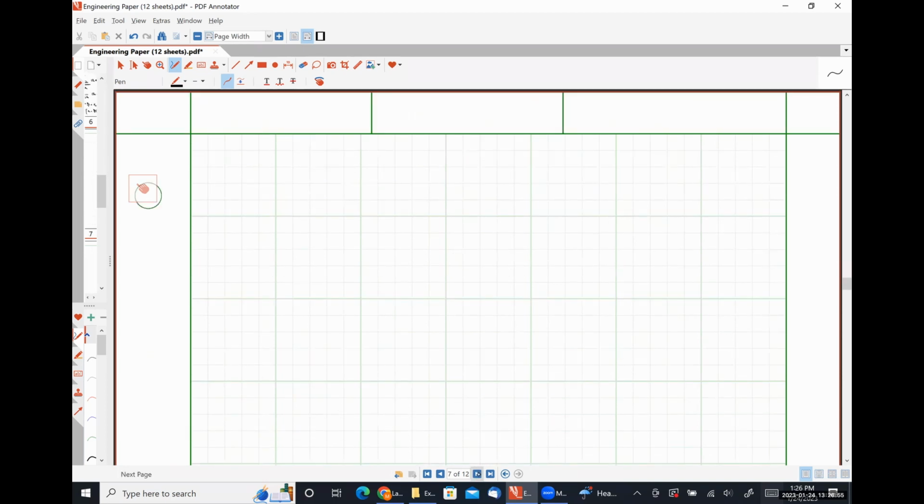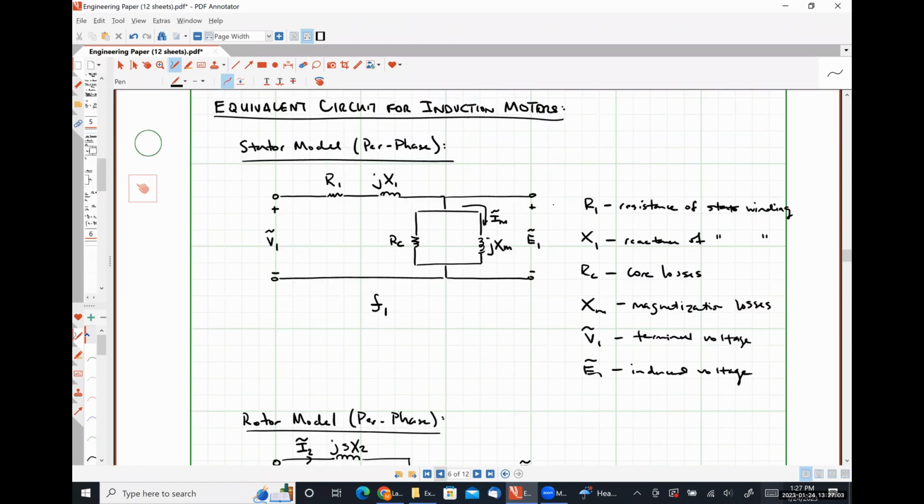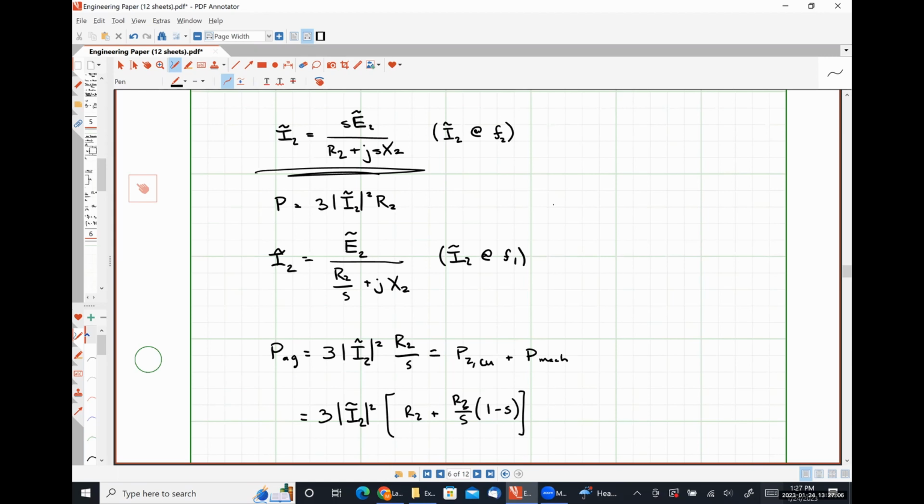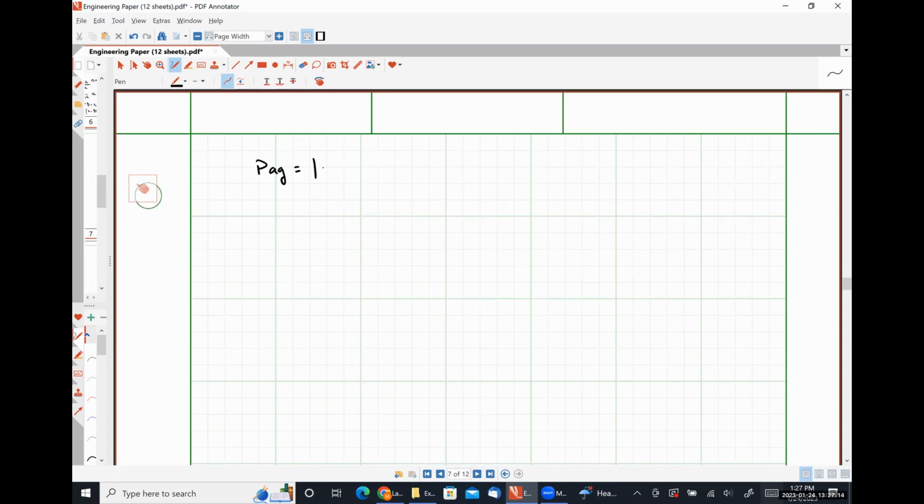Let me go to the next page here. So I have, sorry, I need my 3 first. 3 times the magnitude of I2 squared times R2 plus 3 times the magnitude of I2 squared times R2 over S times 1 minus S, where this bit right here is the copper losses in our rotor.